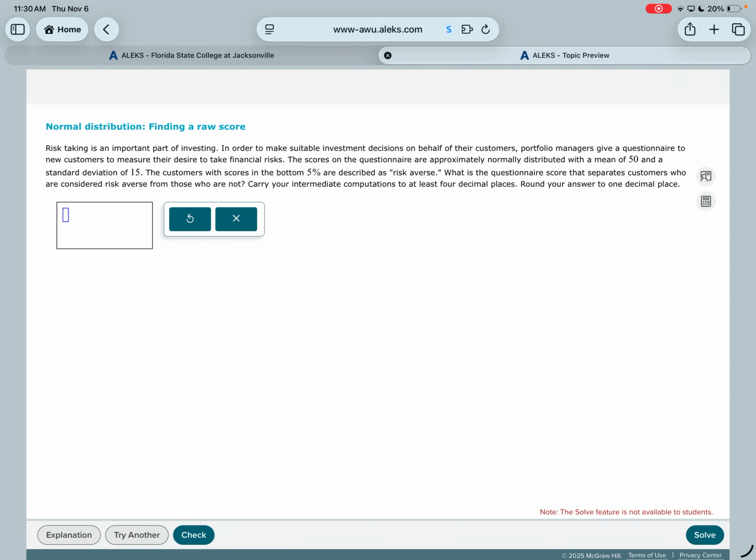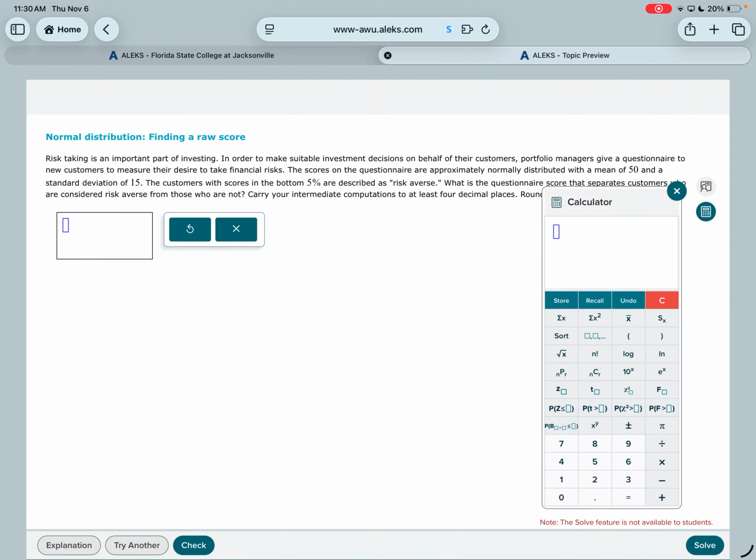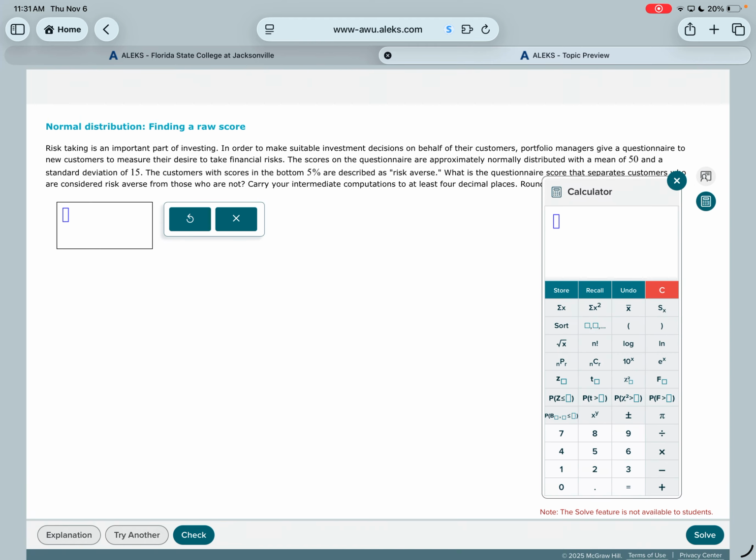What does this one mean? Okay, so I won't read all this. But the mean is 50, the standard deviation is 15. The customers with a score in the bottom 5%, okay? So the bottom 5%, remember this gives you to the right, so the bottom 5% would be to the left.